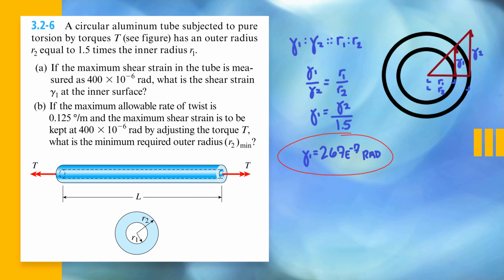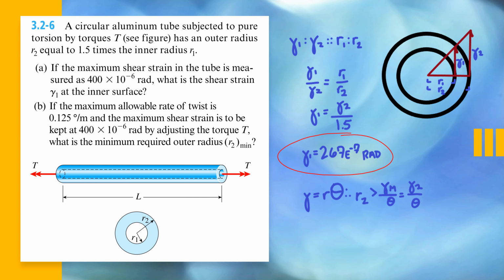If the maximum allowable rate of twist is 0.125 degrees per meter, and the maximum shear strain is to be kept at the value that it already is at, by adjusting the torque, what is the minimum required outer radius?